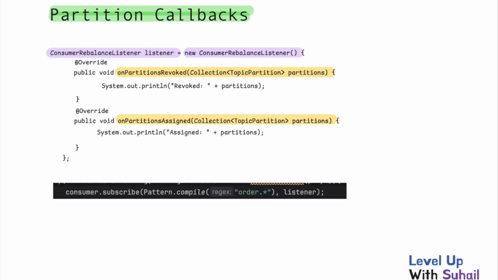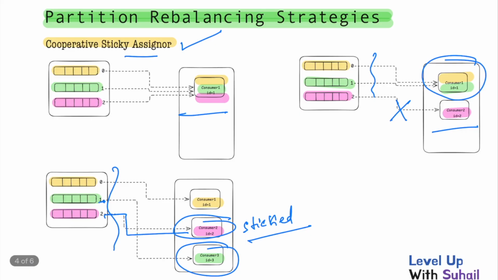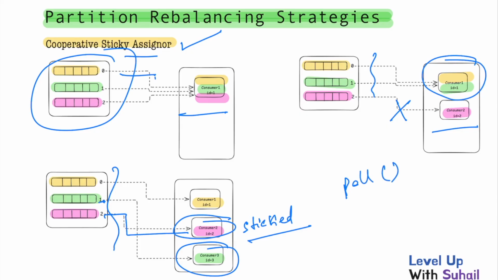So we need to understand when partition rebalancing actually happens. It is not the Kafka broker that notifies all the consumers that, okay, I have reassigned the partition to these consumers. No, what happens is, whenever the consumer calls the poll method, since Kafka is based on a pull-based approach, the call goes to the Kafka broker.